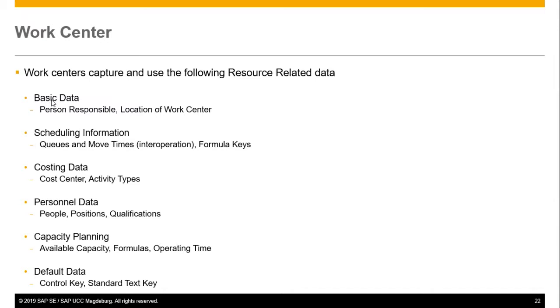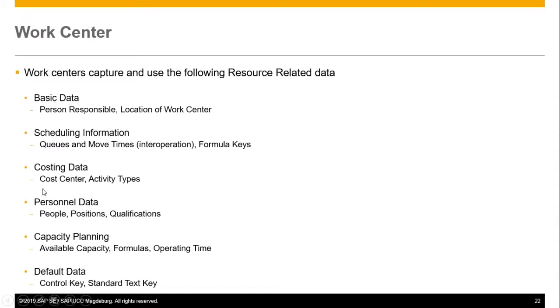What is the location of the work center? Where is that work center located? For example, in a factory area, you are doing one thing in one area, another thing in another area, right? What is the scheduling information? Things will be moved from one place to another. There, of course, you have to make a scheduling.